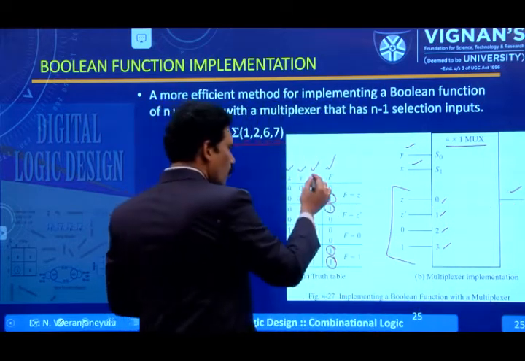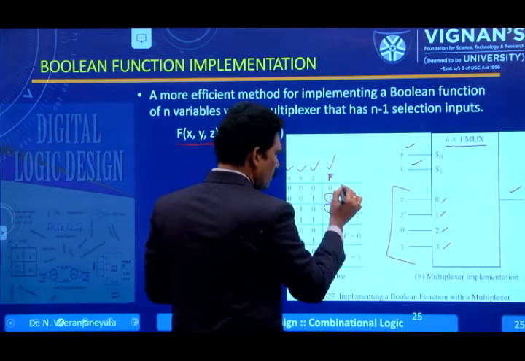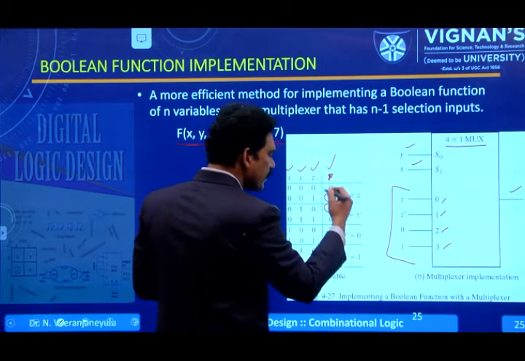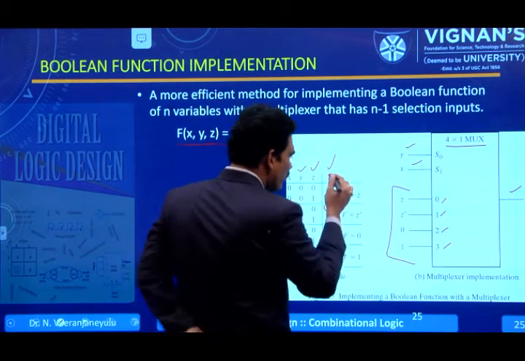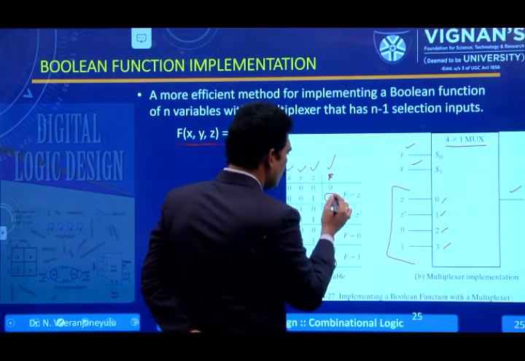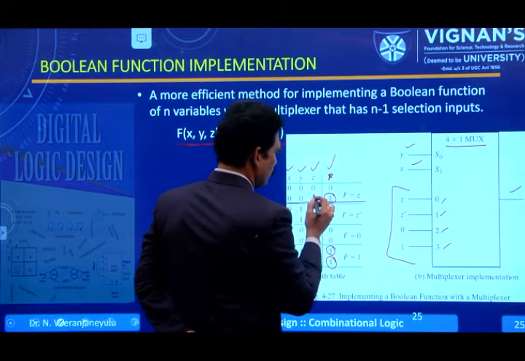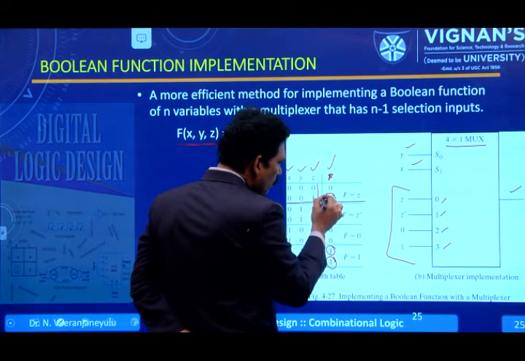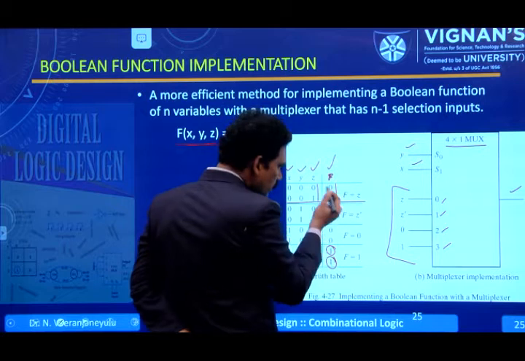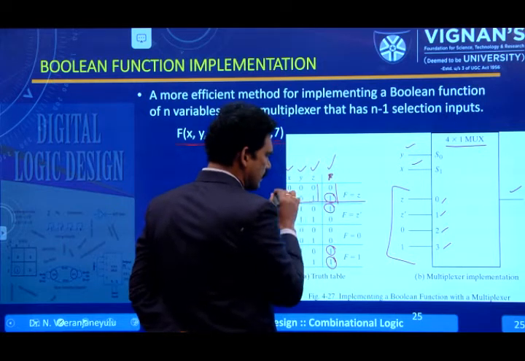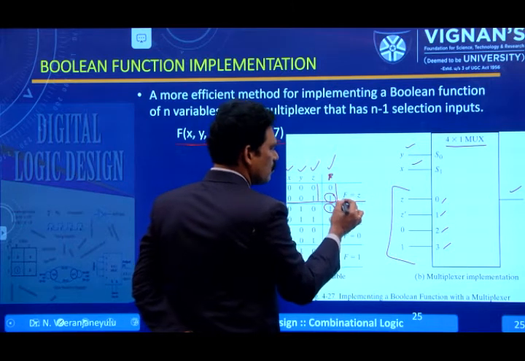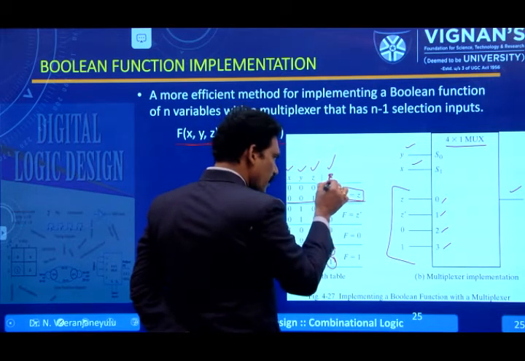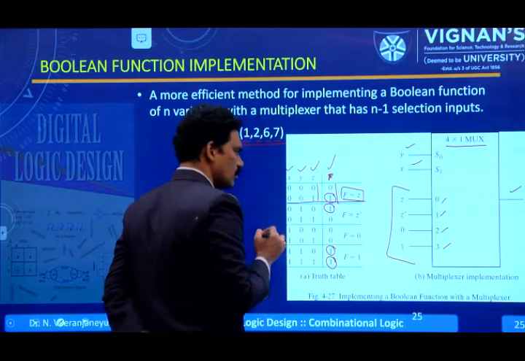What is f? We are deriving equations for f in terms of input variables. First we consider this combination. Z is 0, 1, f value is 0, 1. Is there any matching with x, y, z? If f value is 0, z value is also 0.